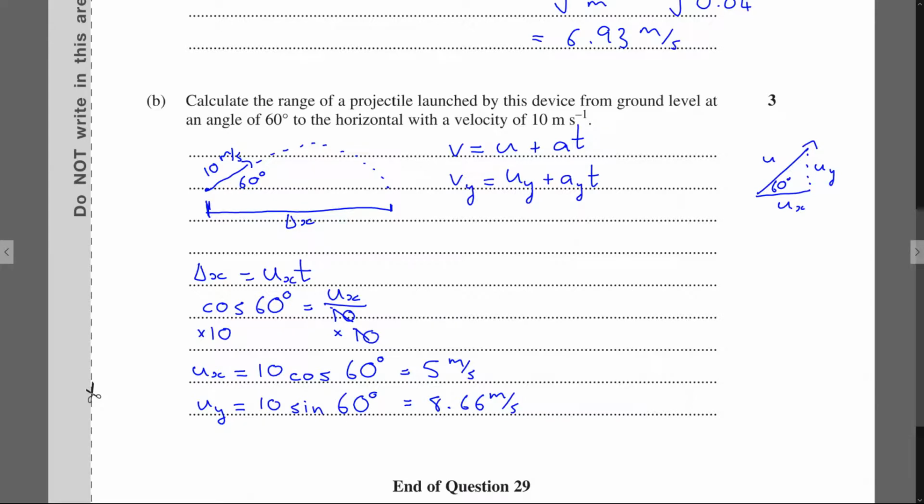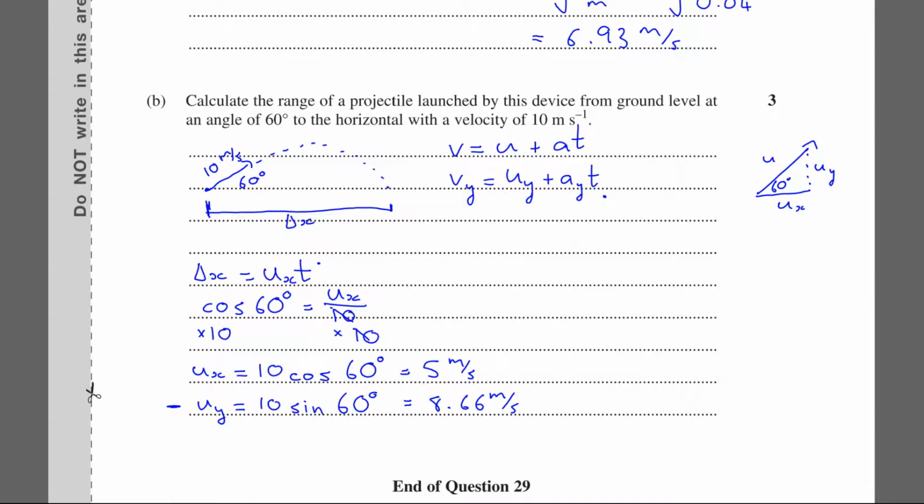Now, people are hopefully aware that the easiest way to do this type of question is that we need something to equal 0 here, because we need to reduce our number of unknowns. We know uy, it's over here, so we found this one. But we want to find the time, because that time will allow us to figure out delta x equals uxt.